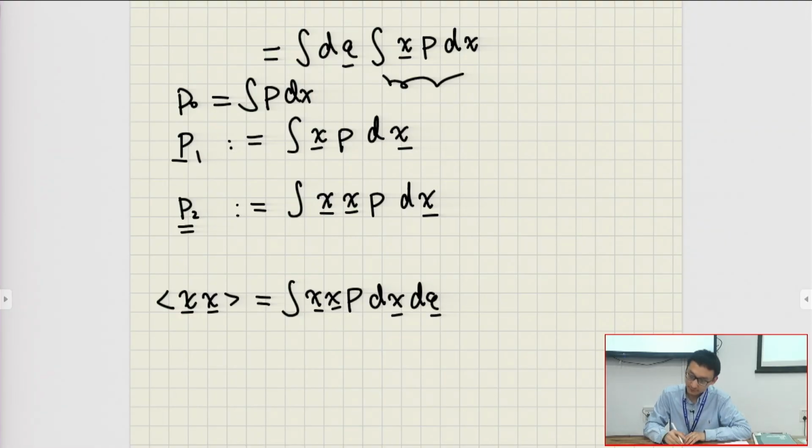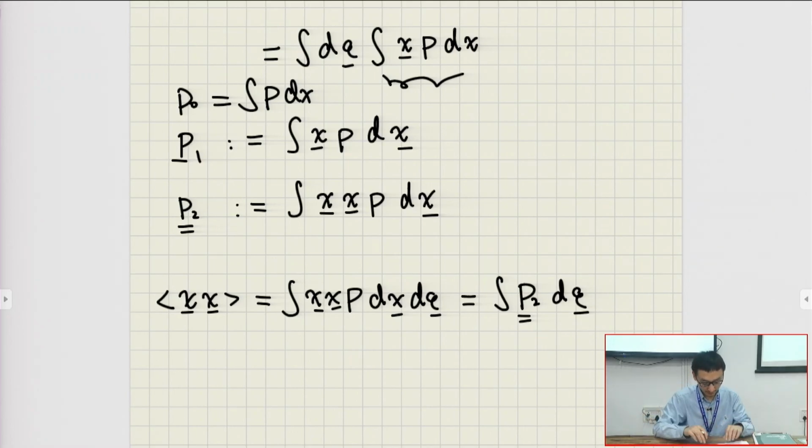I can do the spatial integration first, then I'm just left with the integral of P2 dq. So that's nice. We can express these things in terms of these spatial moments. Okay?